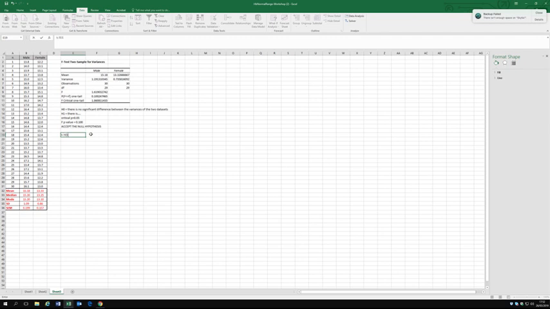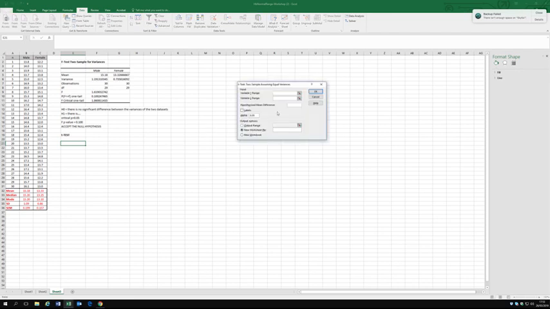So we need to identify what appropriate t-test we want to apply to our data set. So again, going back to the analysis tab, we have a t-test assuming equal variance and a t-test two sample assuming unequal variance. So the one that we're going to select is equal variance. So we click OK, and obviously we've got our two variable ranges.